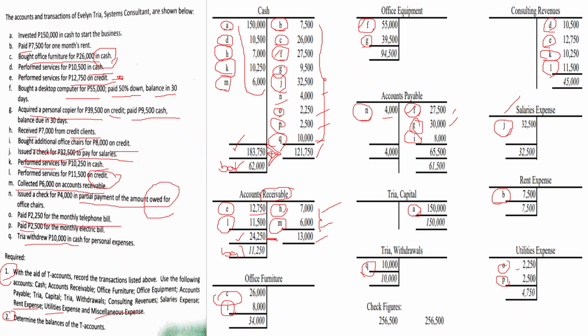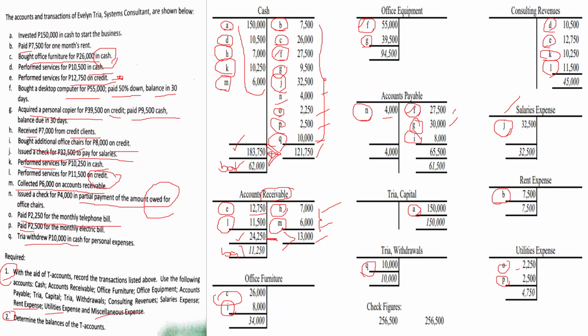So the balance here is still at debit because the debit of 24,250 is greater than the credit. And then again, it is also the accounts receivable's normal balance, which is, if you remember, it is an asset, right? So normally it is on the debit side.